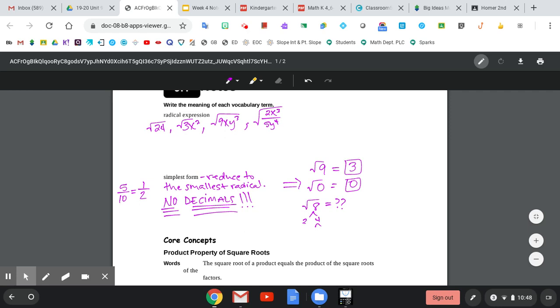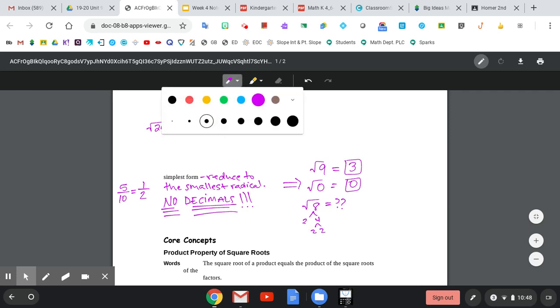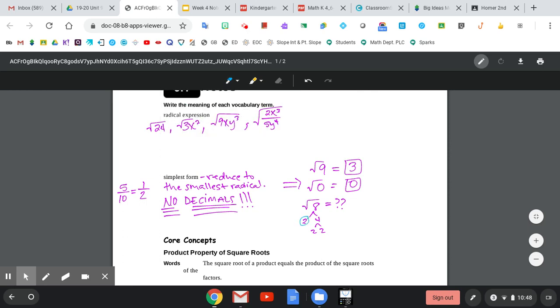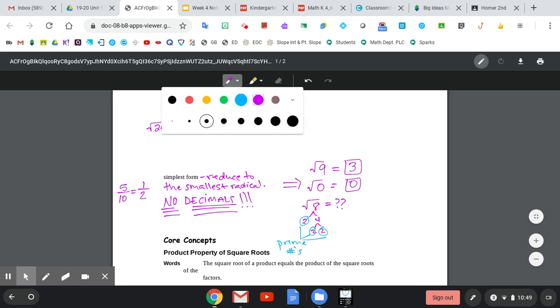What multiplies to give me 4? Perfect, 2 times 2. So once you're down to all of these 2's, because we can't go any further, we call these our prime numbers. And that's what we're going to use to simplify this radical.